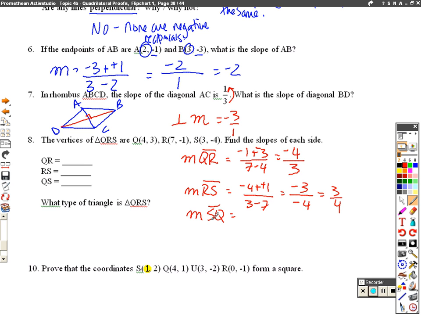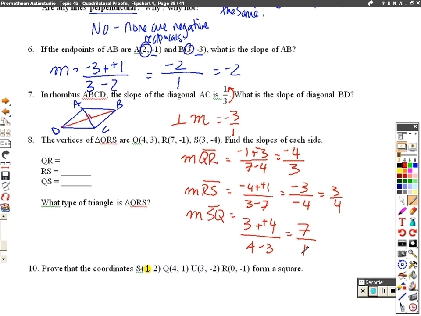And then the next one, SQ, we're going to do y2, so 3 minus -4 over 4 minus 3. 3 minus -4 is 3 plus 4, or 7, over 4 minus 3, that's 1.